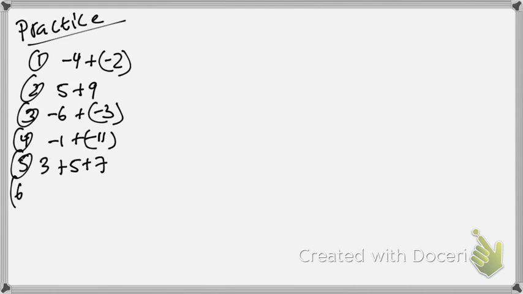You guys already know my handwriting is not the best. Alright, so just quickly reading it off. First one is -4 plus -2. Then we got 5 plus 9, -6 plus -3, -1 plus -11, 3 plus 5 plus 7, -20 plus -15.